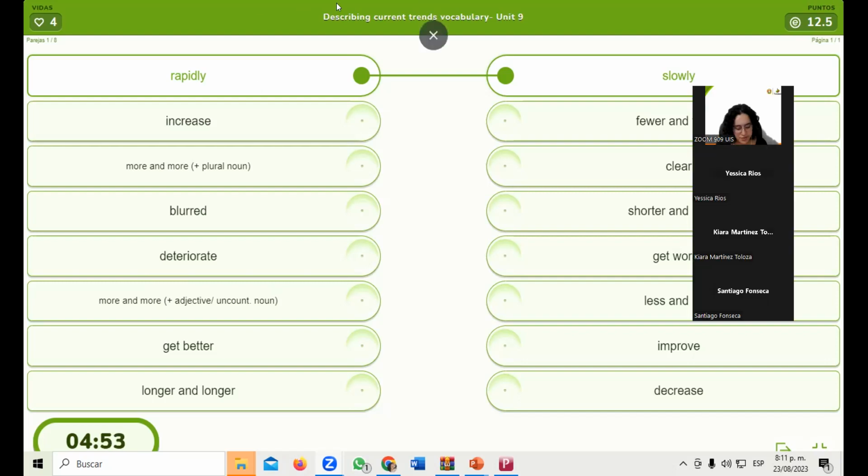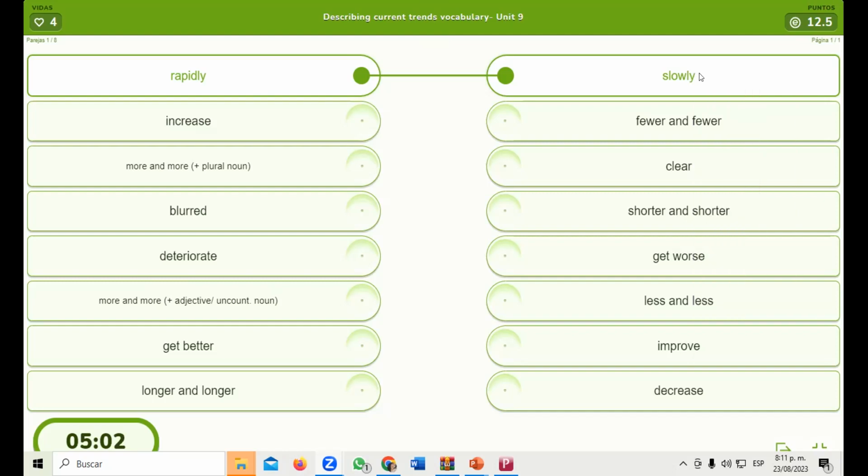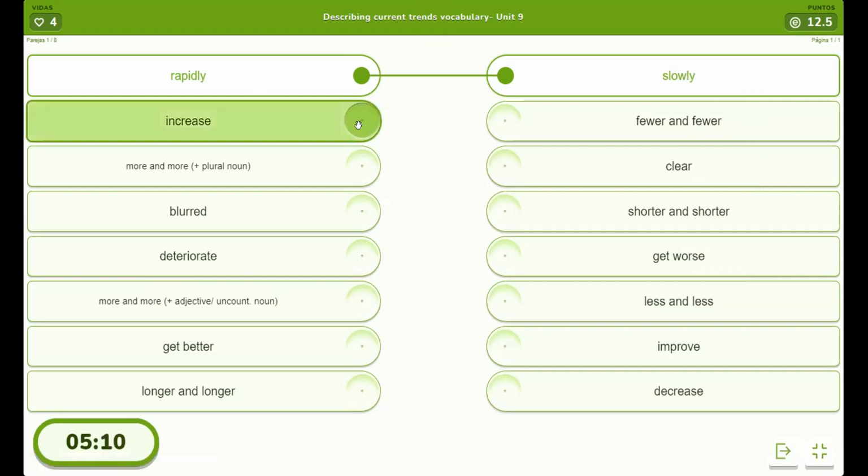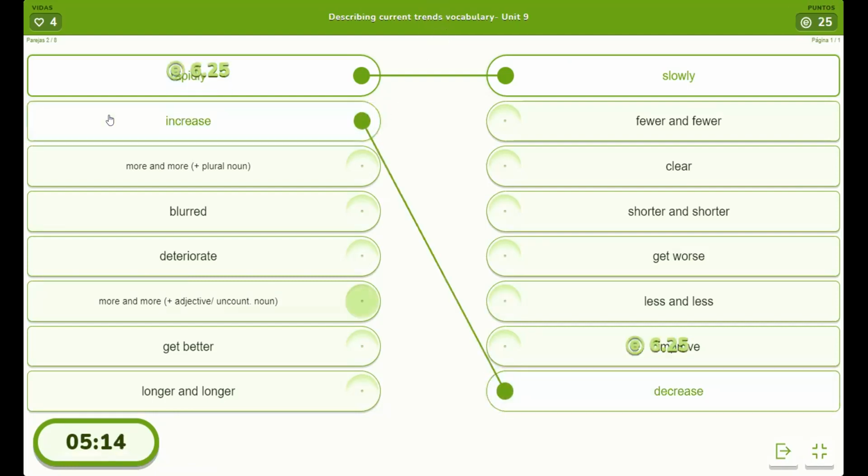All right, guys, we had 5 minutes to complete the activity. I see some of your scores right on the chat. Very good. So let's socialize your answers here. To increase, what is the opposite of the verb increase? Decrease, of course.